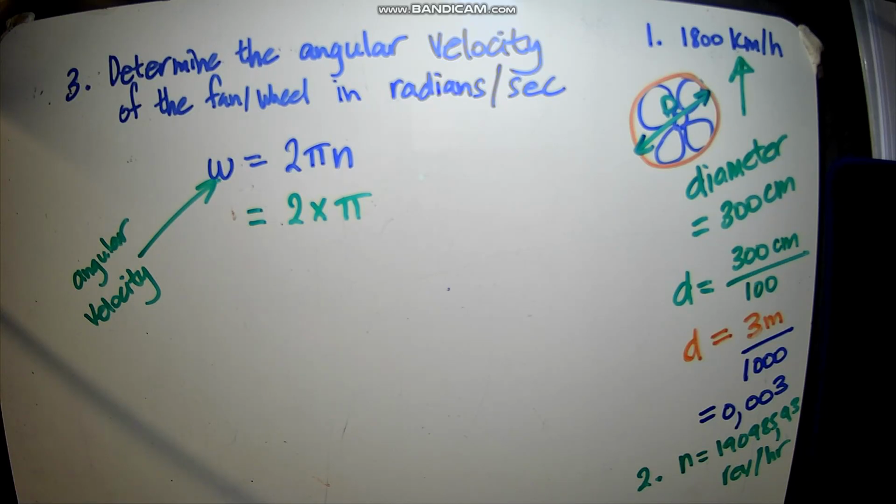So we have to convert that little n into something that's going to work with seconds. Notice that our answer there, number 2, right at the bottom of the screen, was in per hours. This means we're going to have to make it into per second. So we take our revs per hour and convert it to per second.